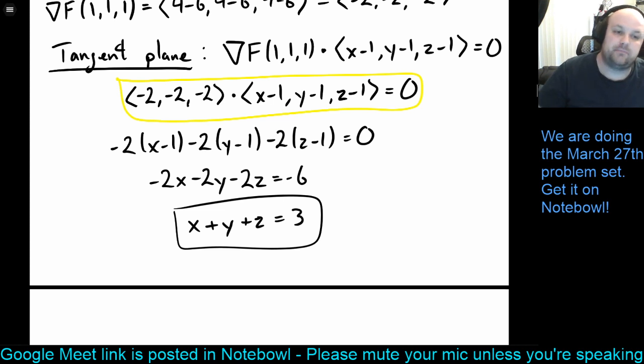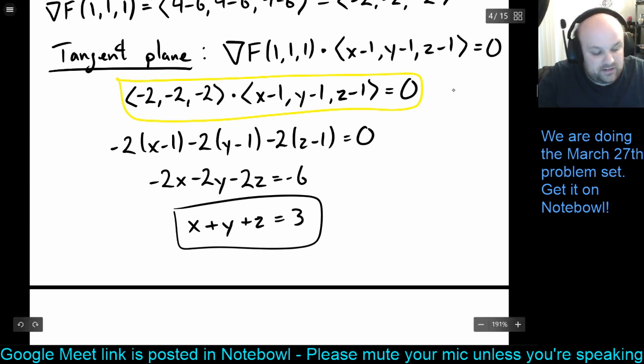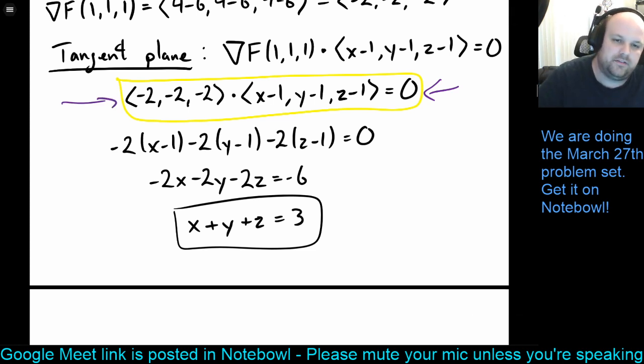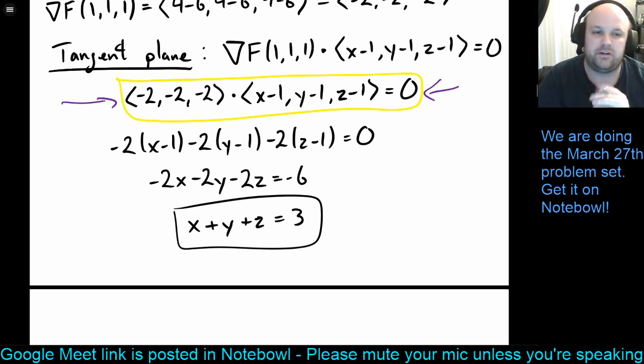That would be the simplest form of this plane. But again, I'm less interested in how well this can be simplified. I'm more interested in whether you can get to here. This is what I think is important. This is what tells me that the gradient is the normal vector to the plane, and that you know how to construct the plane. Okay. So, any questions about that at all?